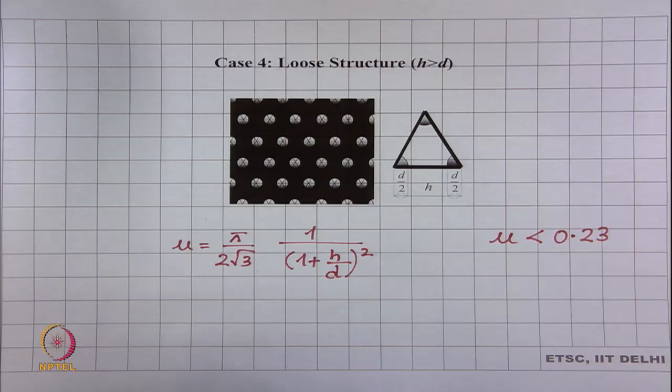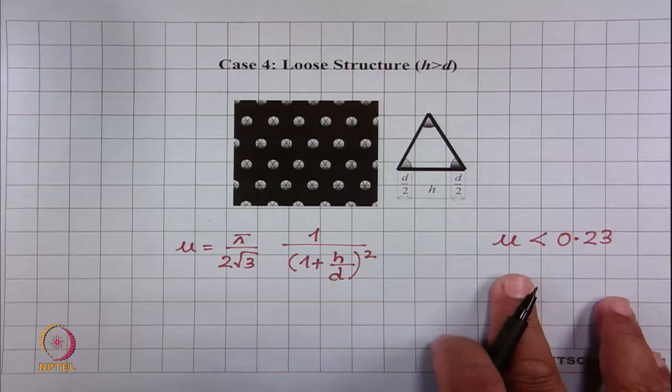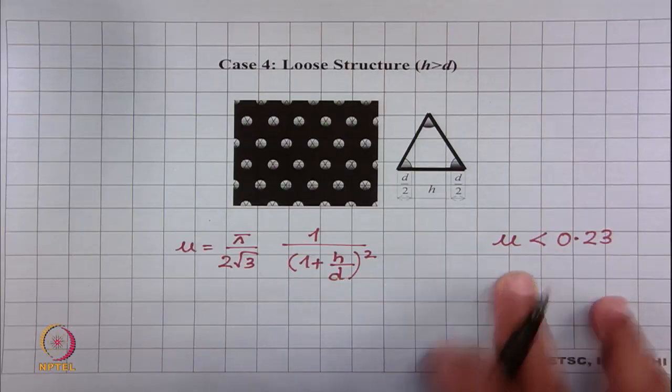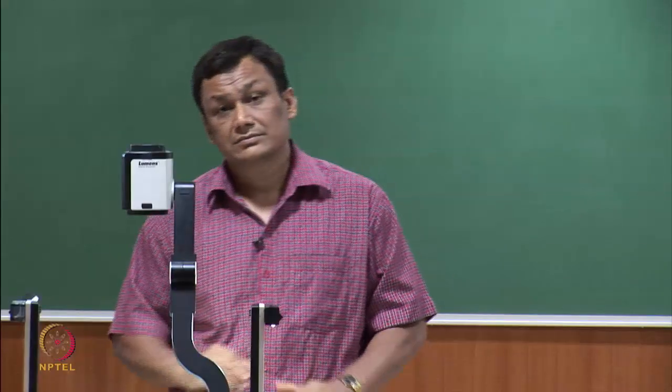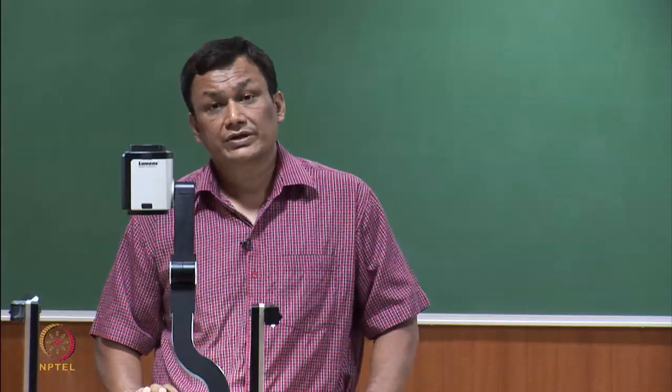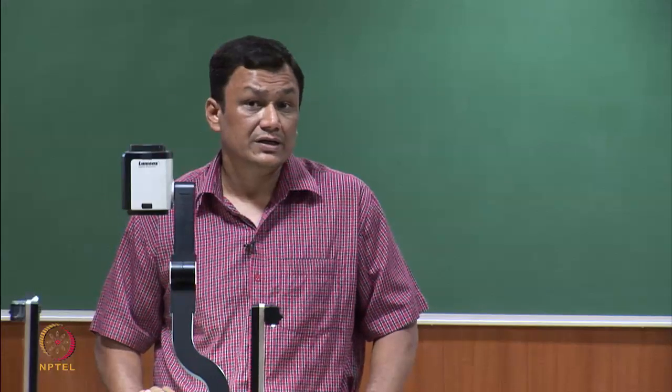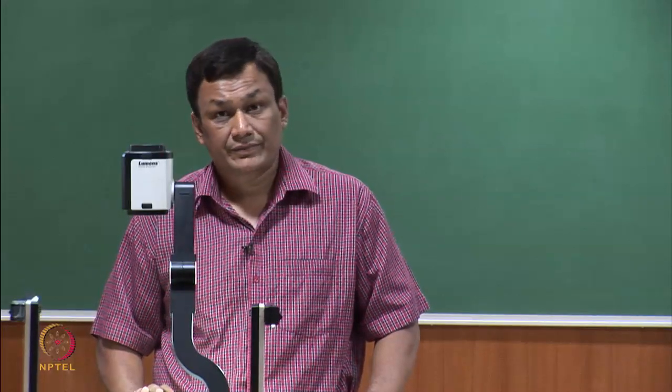That means less than 23% of the area is occupied by fibers, more than 77% of the area is occupied by air.